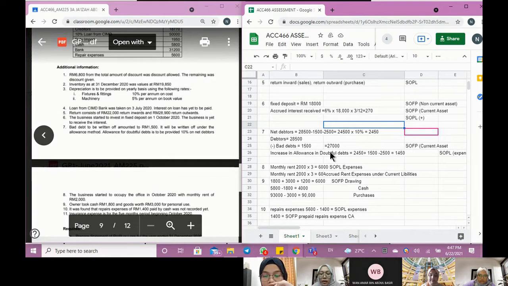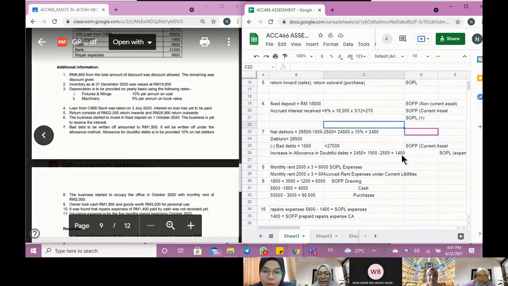Okay, to find the increase or decrease in allowance for doubtful debts, the formula is ending allowance for doubtful debt plus bad debts and minus the allowance for doubtful debts. So the total we will get is 1,450.